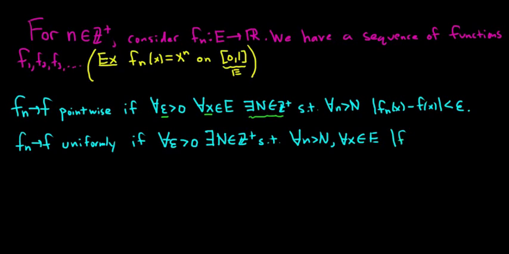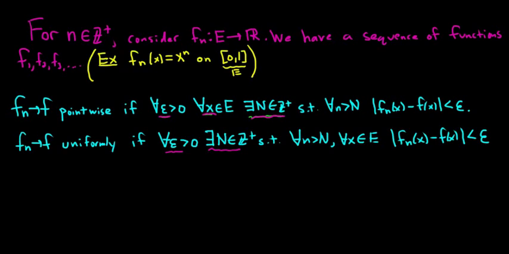We have the difference between f sub n of x and f of x is less than epsilon. So the key difference here, mathematically, is that the N here only depends on epsilon, whereas the N before could possibly depend on x and epsilon.